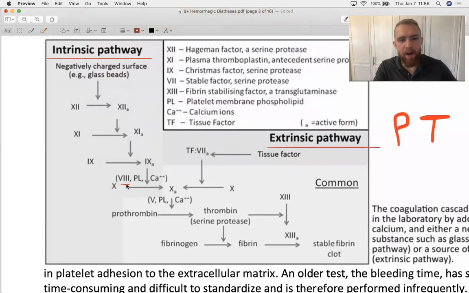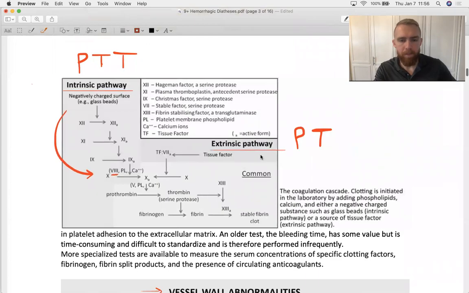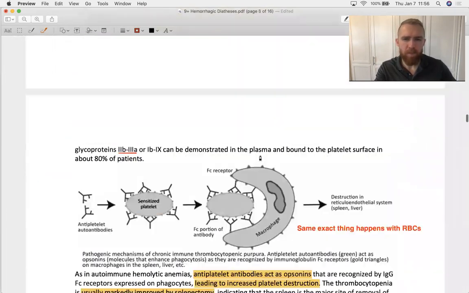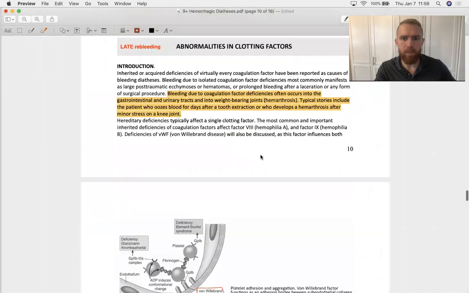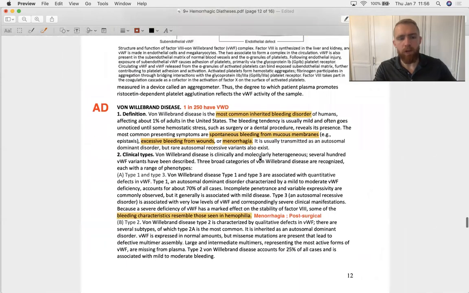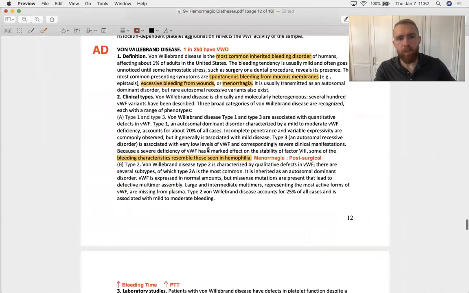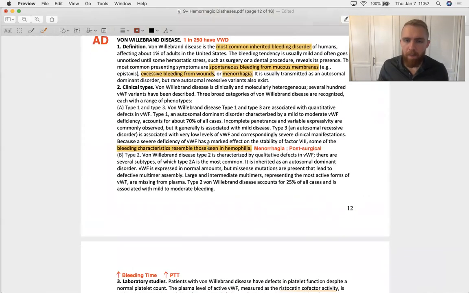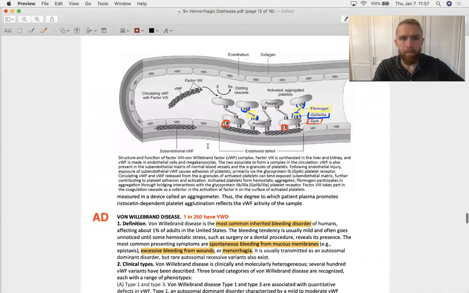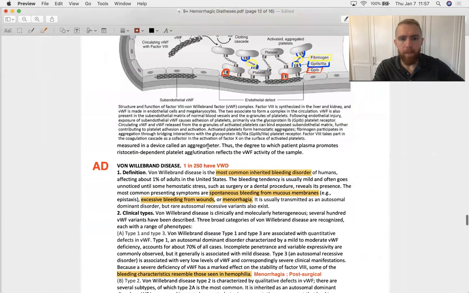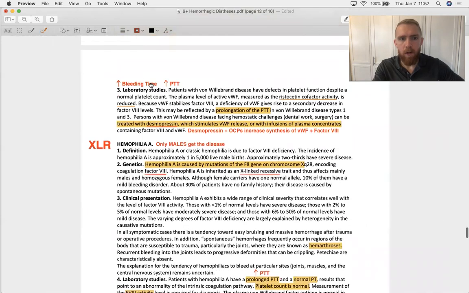Factor VIII is required at the very last step of the intrinsic pathway to turn factor X into activated factor X. So if you have von Willebrand disease, which is very common, by the way, you're going to have not just an elevated bleeding time, but an elevated partial thromboplastin time.